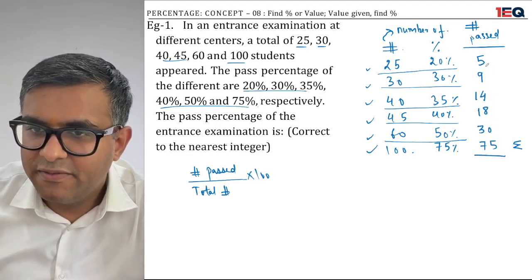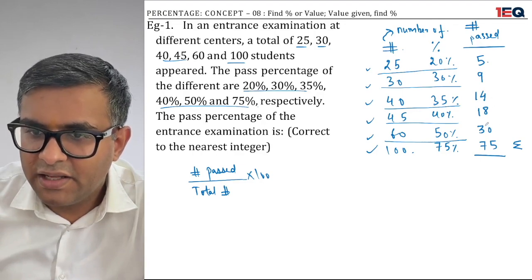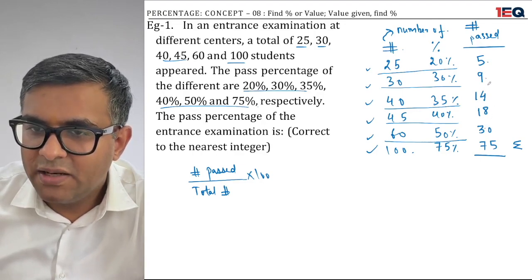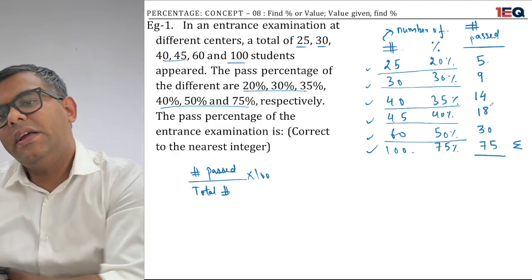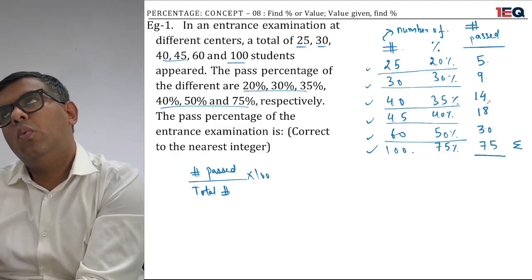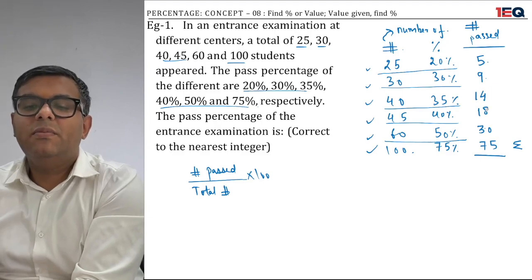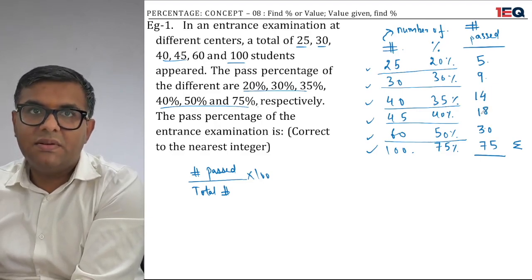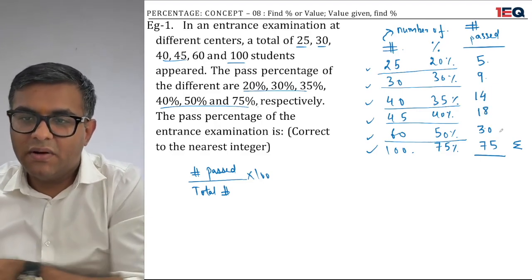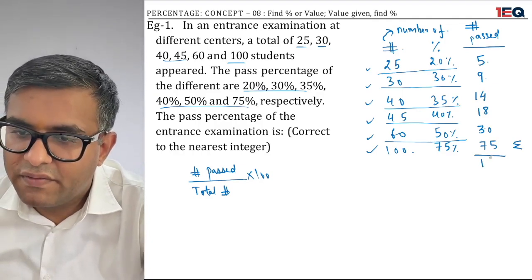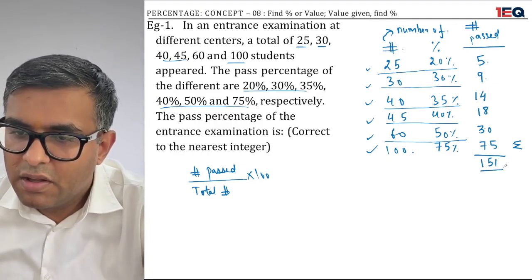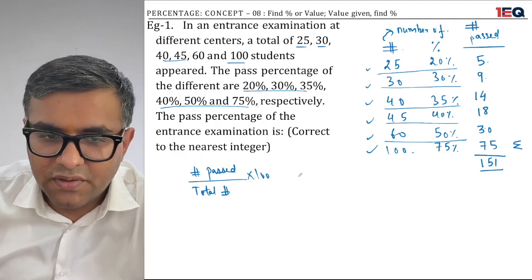Quickly, 75 plus 5, 80, 80 plus 30, 110, 110 plus 9, 119, 119 plus 14, 133, 133 plus 18 is 151. So 151 is the total number of students who have passed.